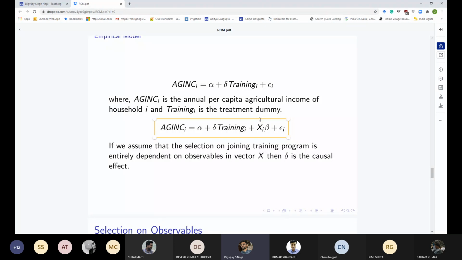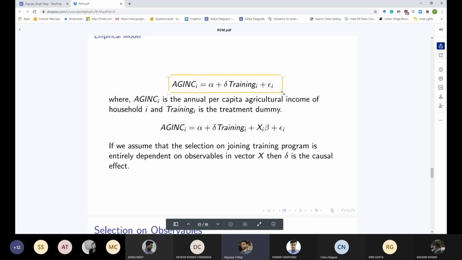You can control for things like family size, educational qualifications, religion, caste, whether they just do agriculture or also do livestock rearing, and all those things. So whatever observed variables you have in your data can be added in this control vector X, right? So you can run these two regressions.